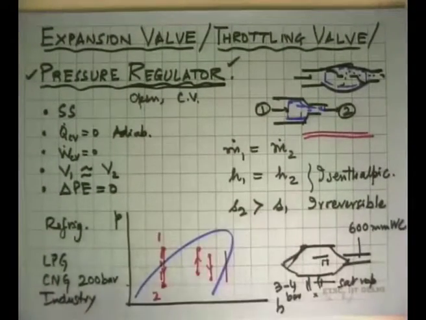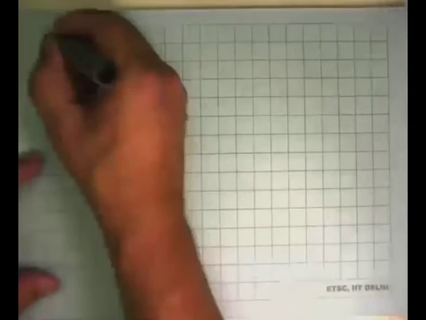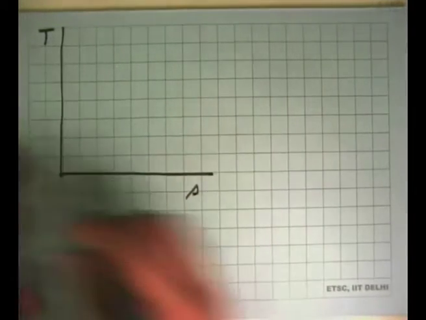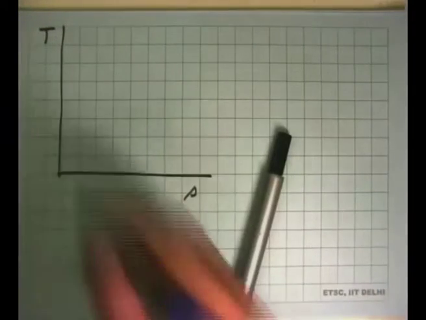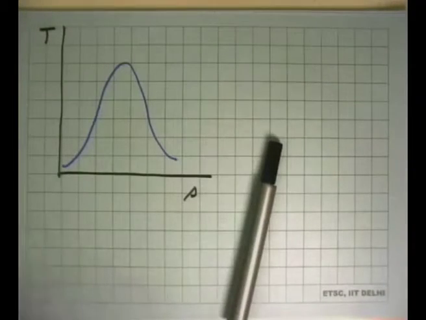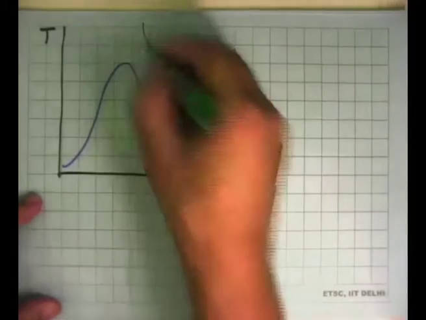And it's a hugely irreversible process. So if I have to show this on a TS diagram, and the saturation dome is say somewhere there, the constant enthalpy lines run like this.